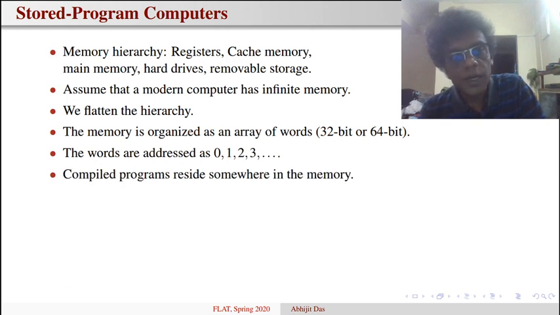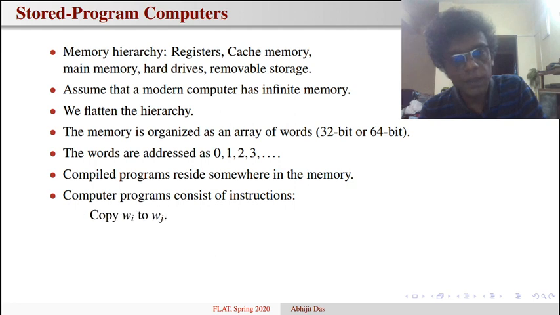When you compile a program, you get something like a.out or some exe file. It resides somewhere in this same memory. This compiled program is a sequence of instructions, and instructions are typically of this type. Here are some examples. Copy the content of the ith word to the jth word. This is a copy instruction.